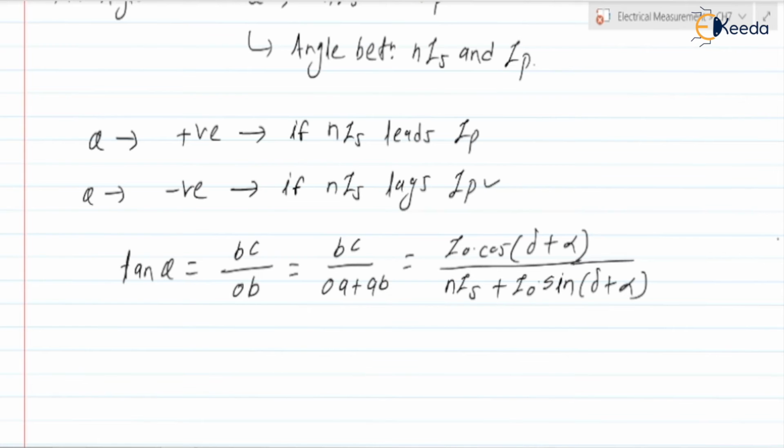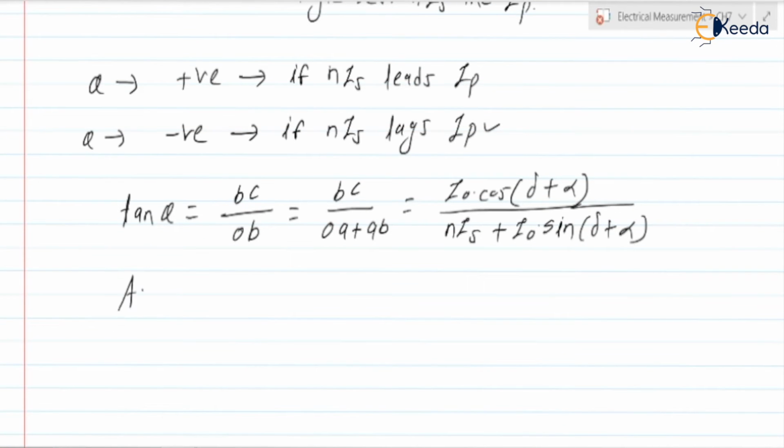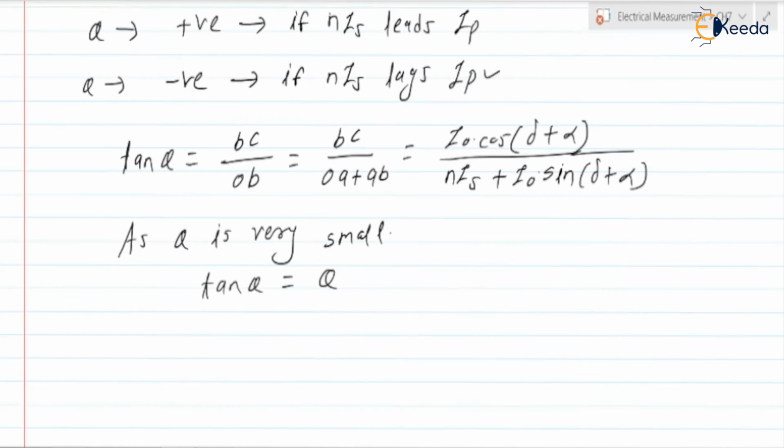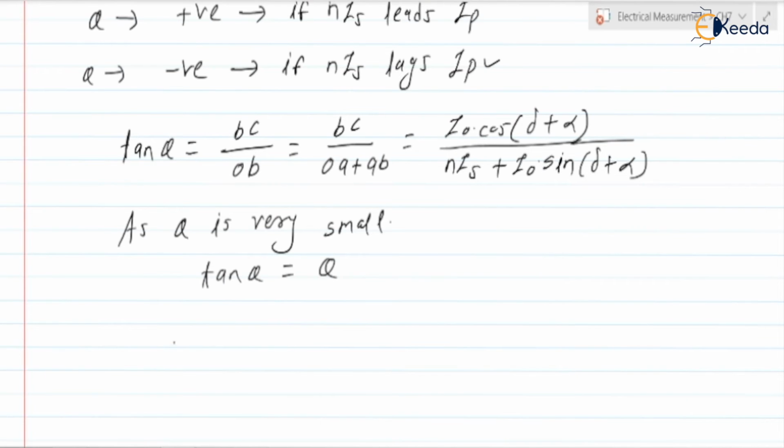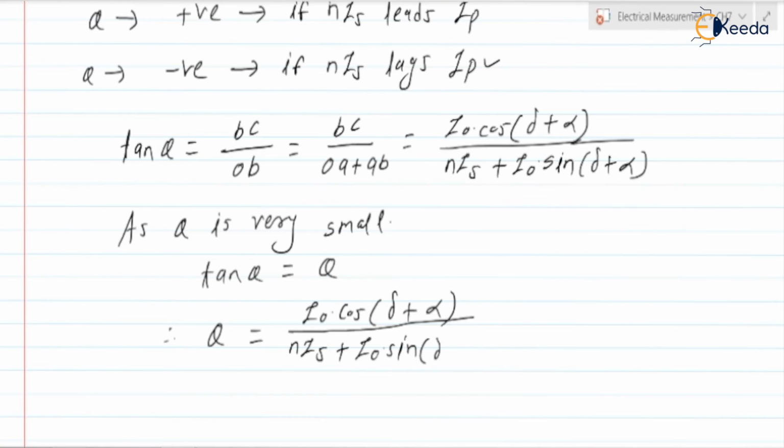But theta is very small. If theta is small, then tan theta is equal to theta, because the tan of any small value is that angle itself. Therefore, theta is equal to I0 into cos of delta plus alpha, divided by N into IS plus I0 into sine of delta plus alpha.